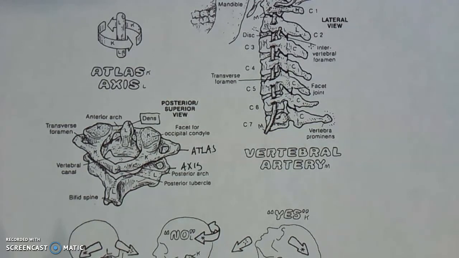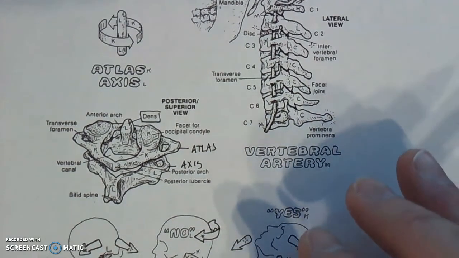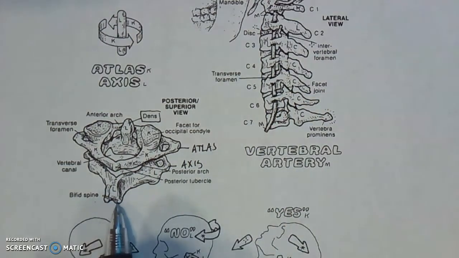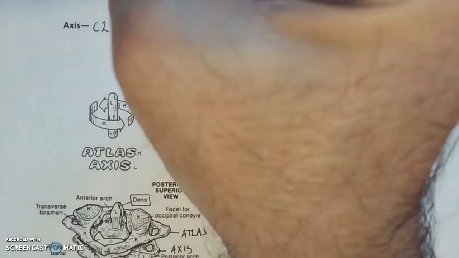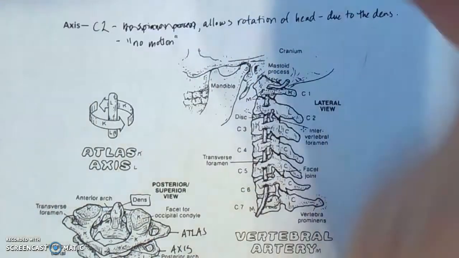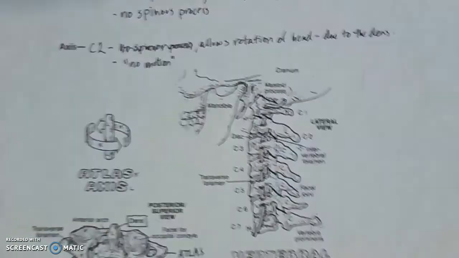So you can see that we don't have a big spinous process here. And I did write that in the wrong spot. I am sorry about that. So the atlas has no spinous process. My mistake. Sorry about that.